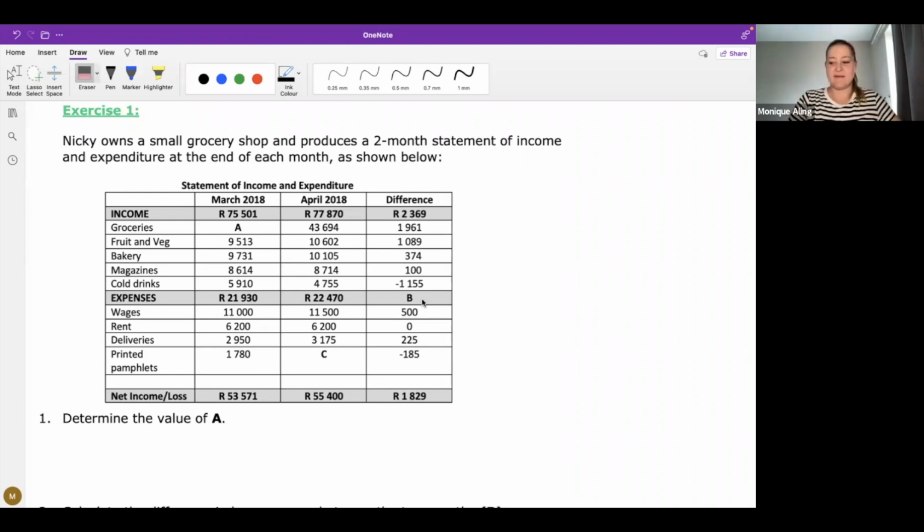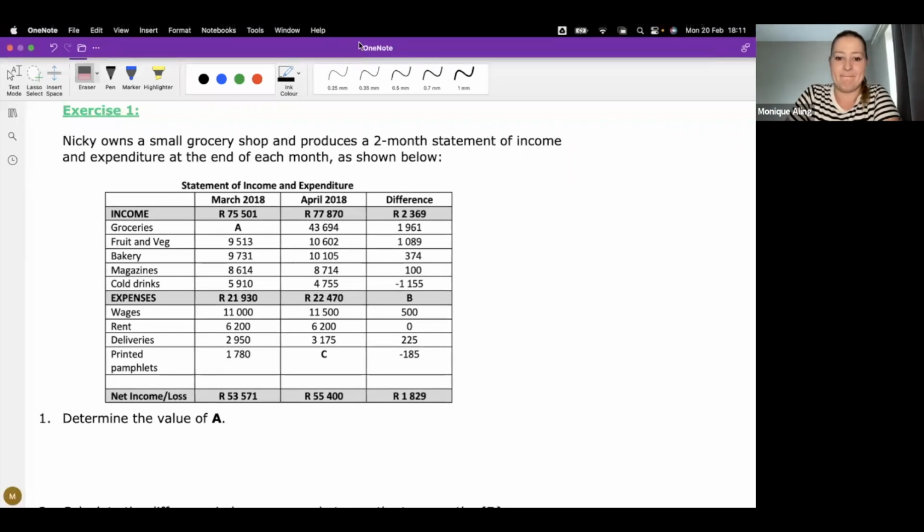Okay, if you guys are ready, let me know what your answers are for A. Siwa, lightning fast. Great. Nice, Ayabonga. Amanda raised a hand.